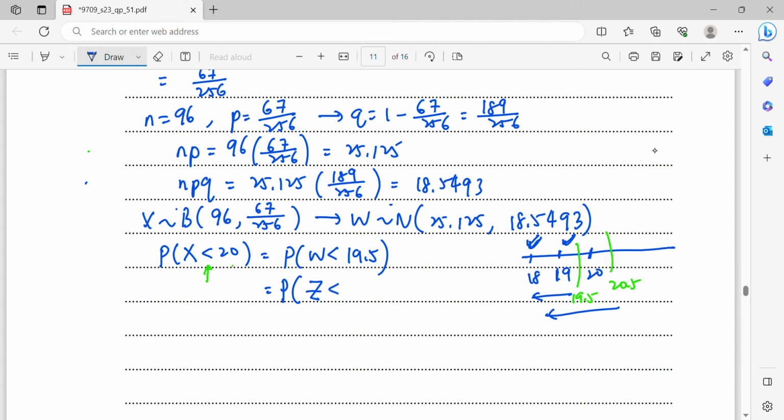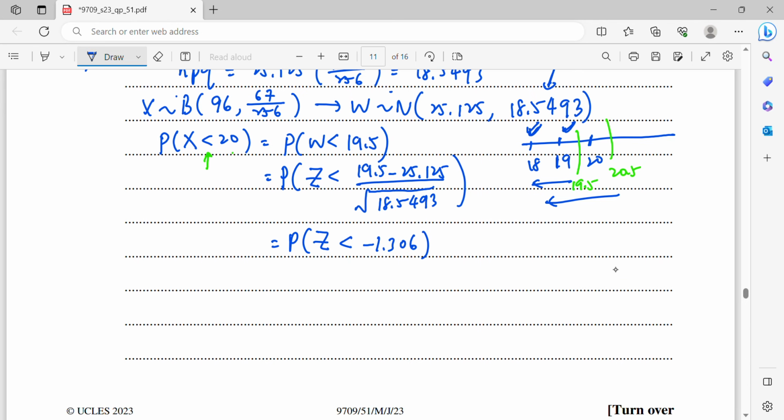So when you standardize, it will be 19.5 minus 25.125 over, remember, this 18.5493 is the variance. We always divide by the standard deviation, so put the square root. Alright, then from here you will get P(Z less than negative 1.306).